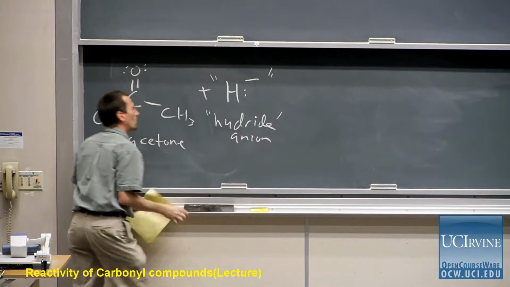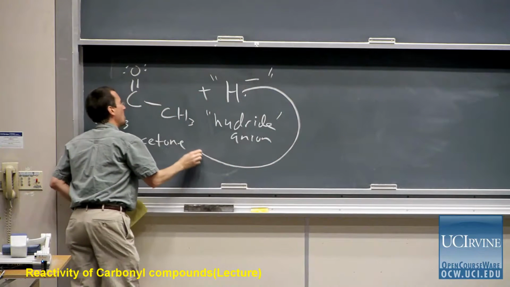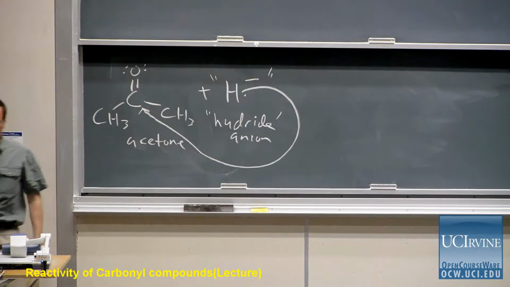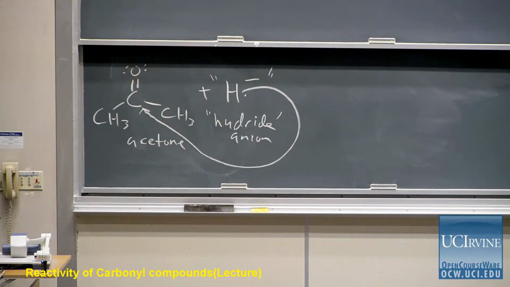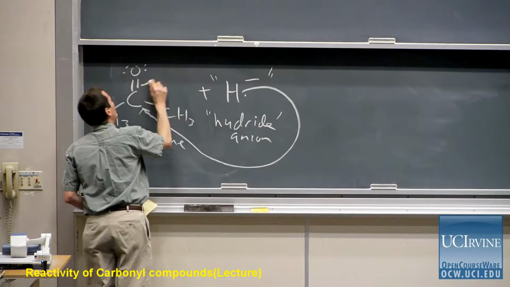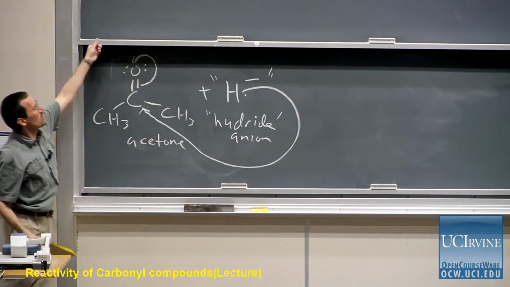Put the hydride in quotes. And so electrons are going to flow from the hydride, from the lone pair, to the carbonyl. And again, we can't stop at that point. Our electrons have to flow up from the double bond onto the oxygen atom.